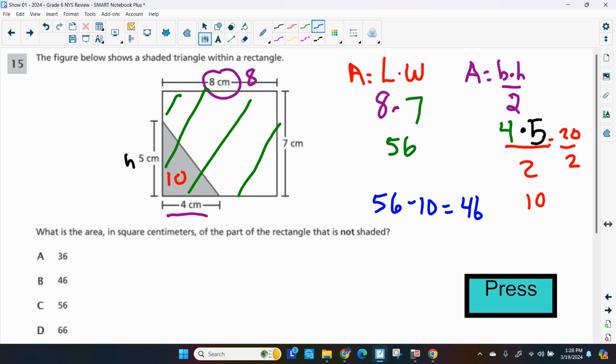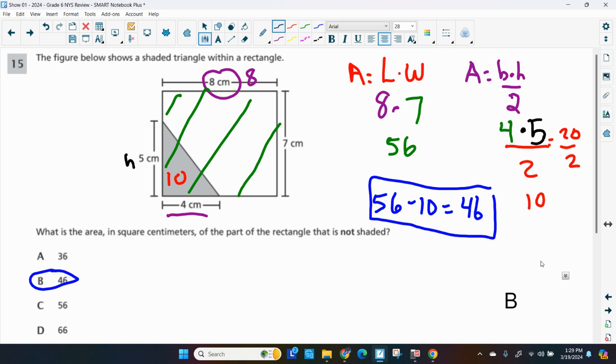So that would be my answer, the area in square centimeters of the part of the rectangle that is not shaded, which would be choice B. So I would go with choice B. That was a lot of work. And choice B is our response.